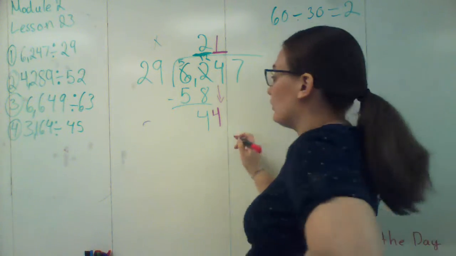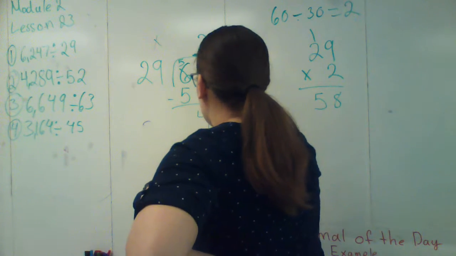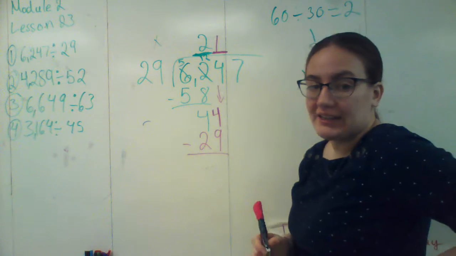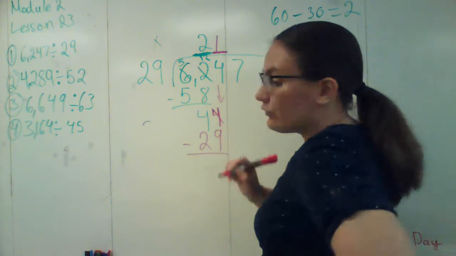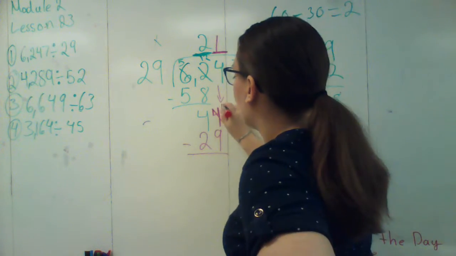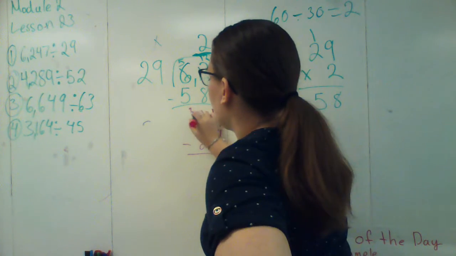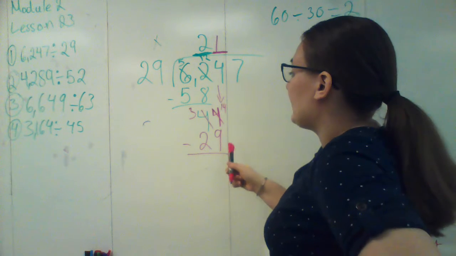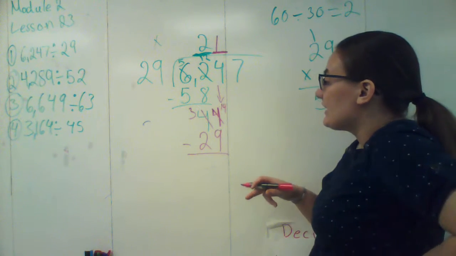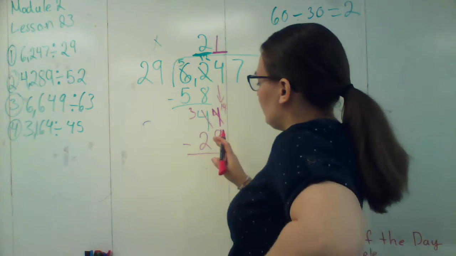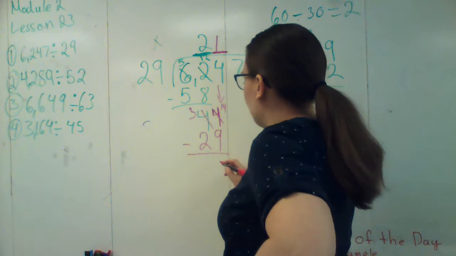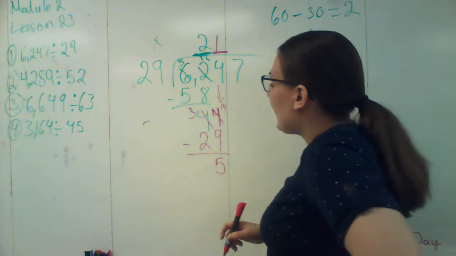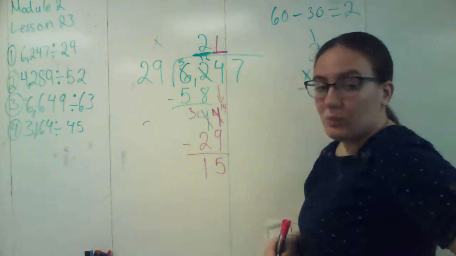And that can fit into 44. So we're going to do 44 minus 29. I can't do 4 minus 9, so I'm going to make that a 14. And I'll cross this 4 out and make it a 3. Now, 14 minus 9 is 5. And then 3 minus 2 is 1.